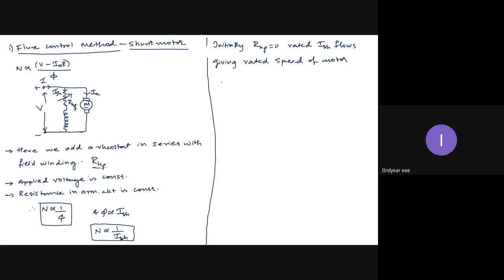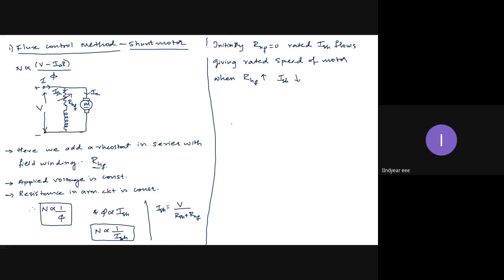When the field rheostat is increased, ISH decreases, because ISH is equal to V divided by RSH plus RHF.